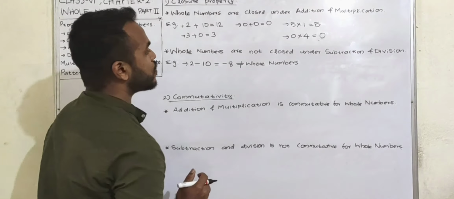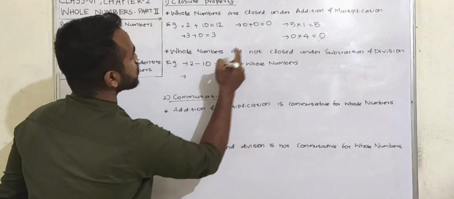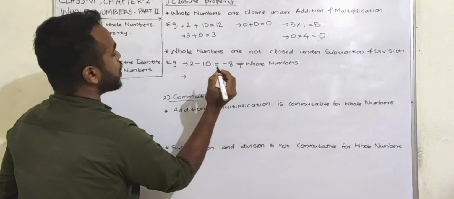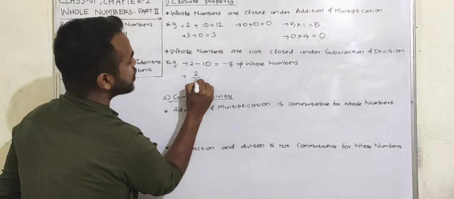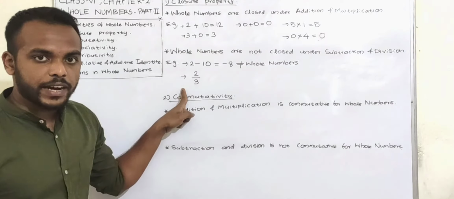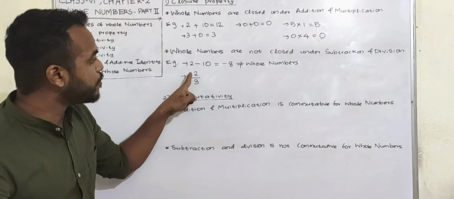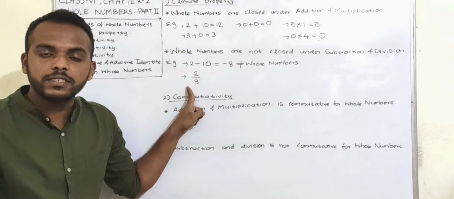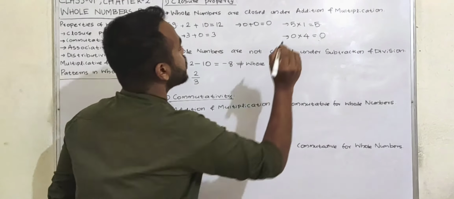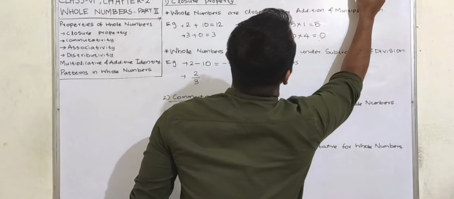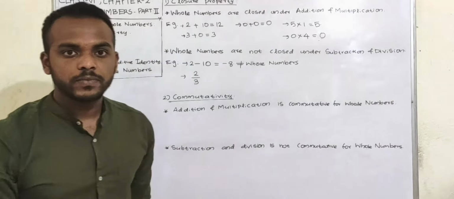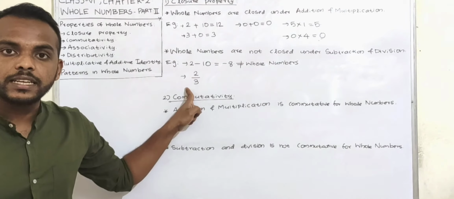Now let's see in the case of division. Another two numbers, 2 and 3. If I divide 2 by 3, have you seen this number in our whole numbers collection? No. Whole numbers collection are just 0, 1, 2, 3, 4, etc. There is no number called 2 by 3.